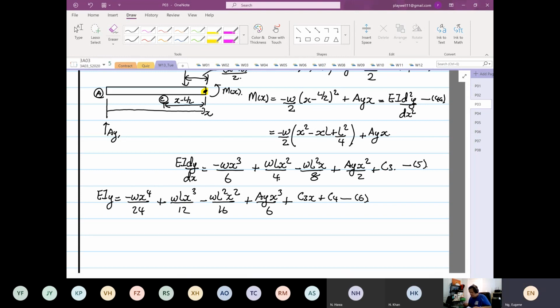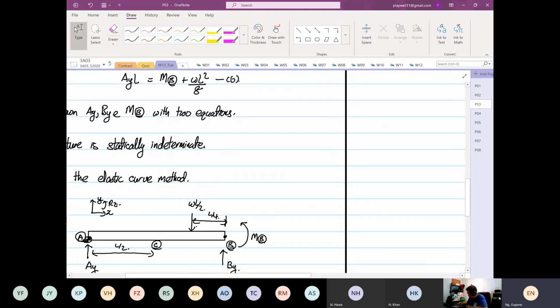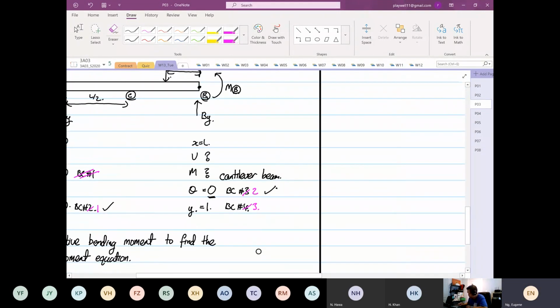So we're going to use our boundary condition. Okay, we're going to substitute. If we look at our boundary condition, we have used this one. Next, we're going to use the theta.